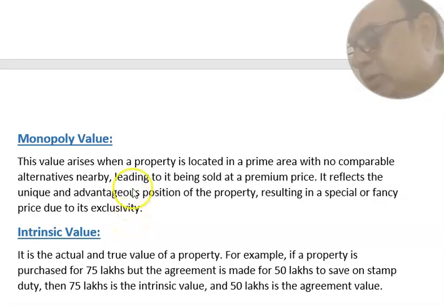If a property owner constructed a building at a good prime location and no similar property is nearby, he can ask a very good price. That is called monopoly value.